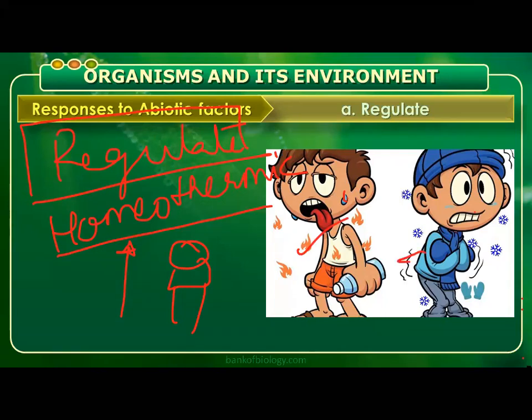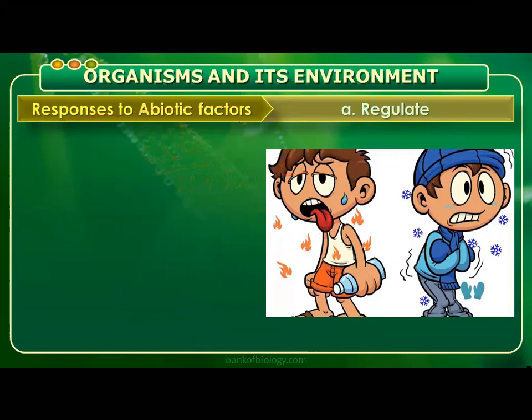By shivering, the liver produces heat and also muscle contraction. So at any cost, by sweating or by shivering, the atmospheric temperature fluctuation is regulated. That is what you call regulate. Birds and mammals are very good examples for regulate. Next, conformers. Conformers can't maintain.